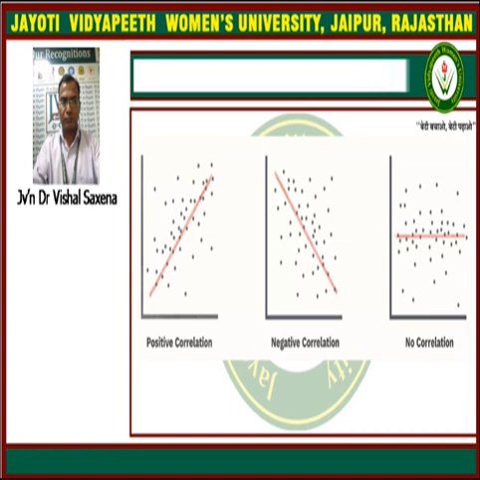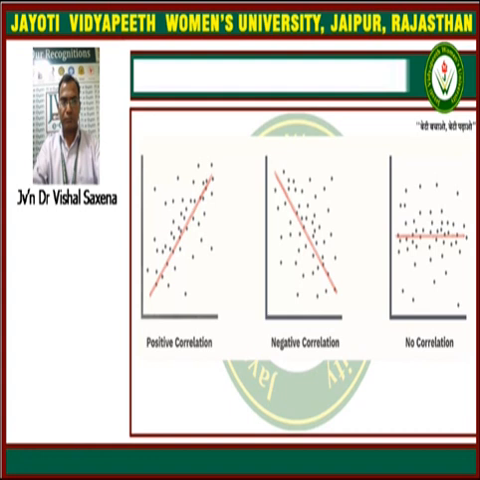In place of a straight line there may be a curve. If the curve is ascending, going upward, then there is a positive correlation between the two variables, and if the curve is coming downward, it is a case of negative correlation.